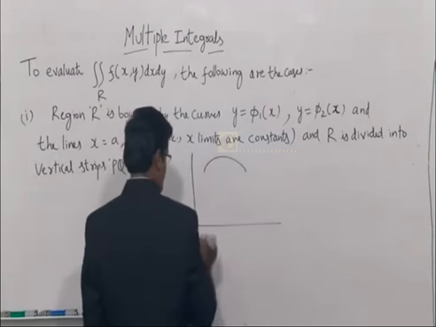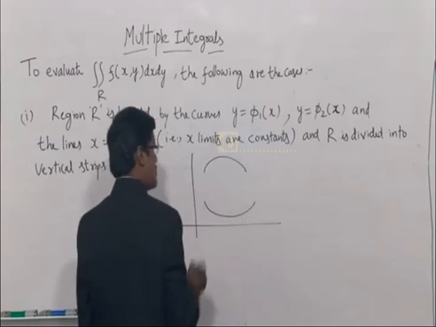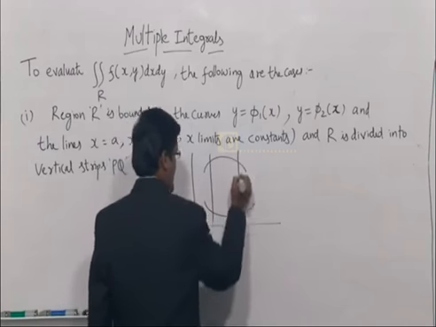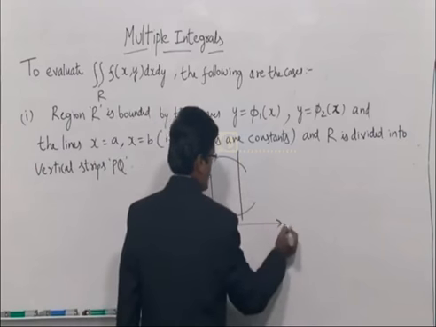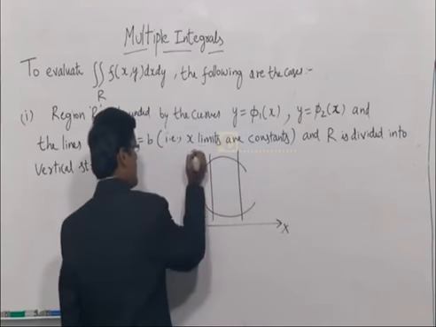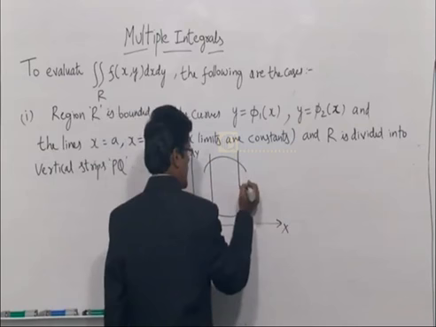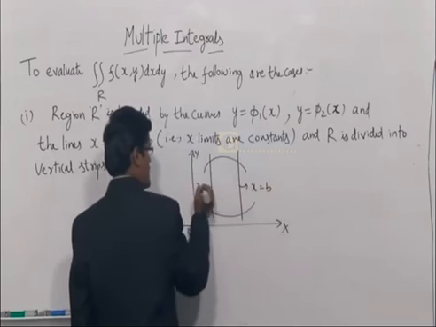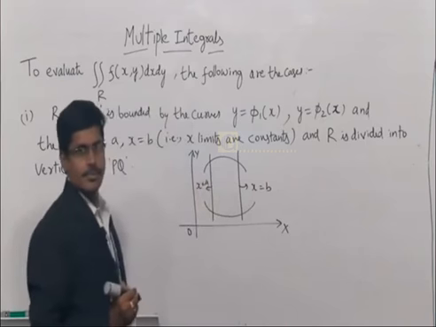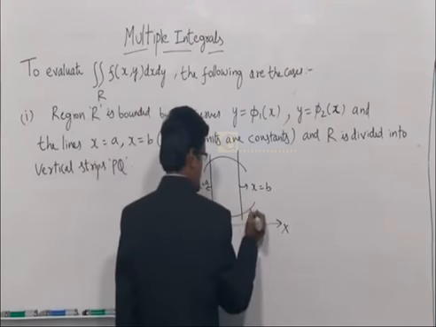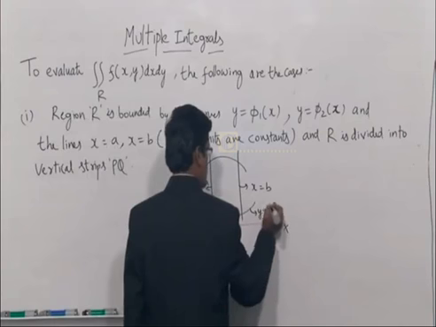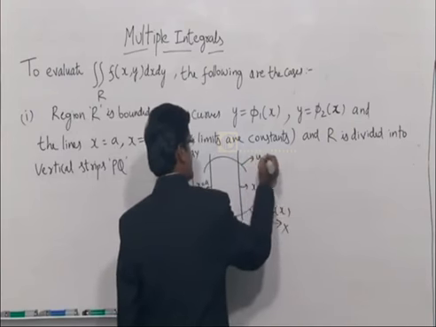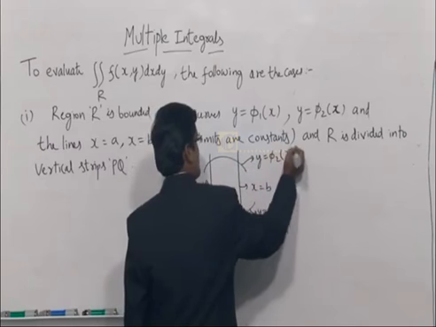y is equal to 5x, or this is y is equal to 5 to x, like this. And these are two vertical lines, that is because the x limits are constant. This is the x axis, origin, y axis. This straight line is x is equal to b, and this is x is equal to a, and this is y is equal to 5x, and this is y is equal to 5 to x.